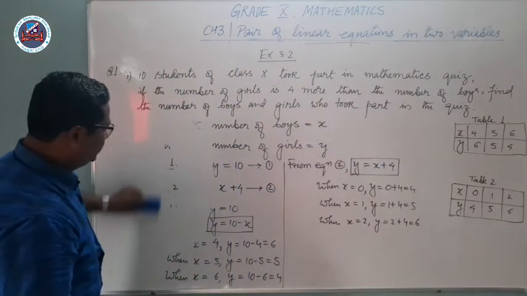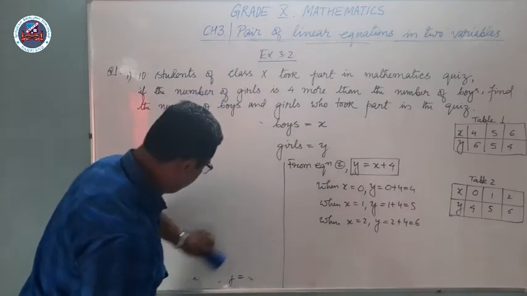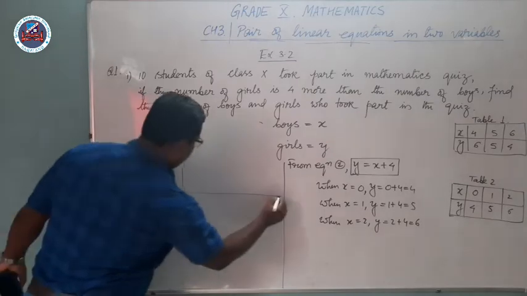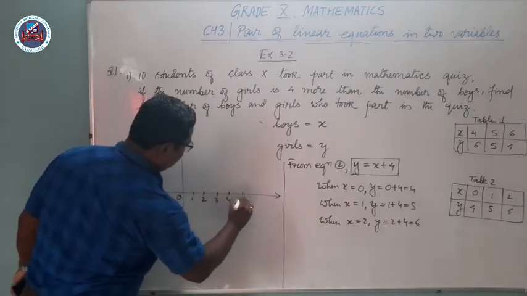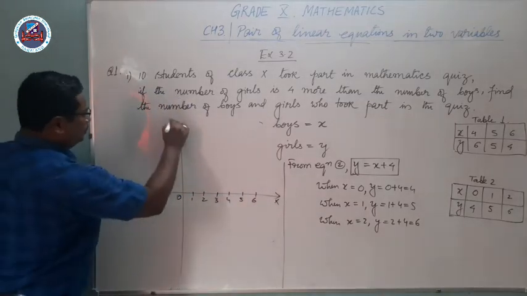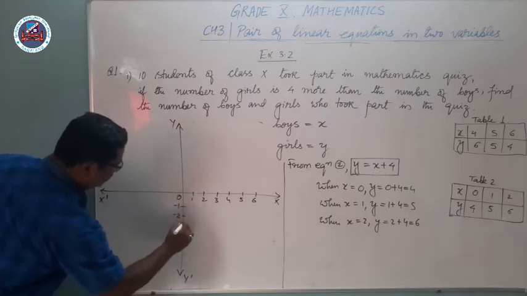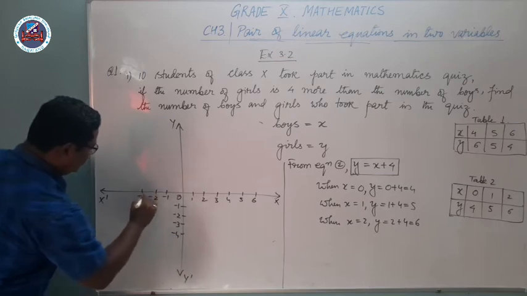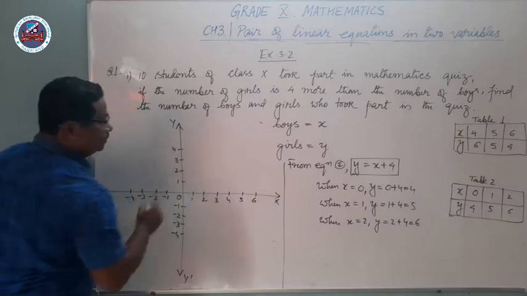This part I will draw: 0, 1, 2, 3, 4, 5, 6, and so on. X-axis, x prime, y, y prime, minus 1, minus 2, minus 3, minus 4, and 1, 2, 3, 4, and so on.